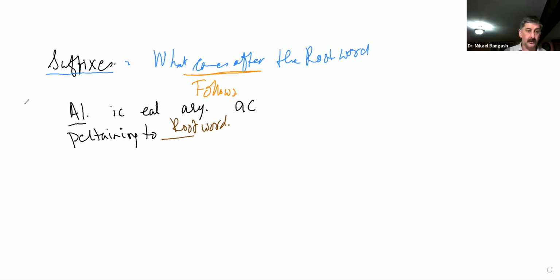So what all these suffixes here mean is going to be pertaining to the root word. Did you guys get that? Sorry, what was the fourth word? The fourth one after -eal. After -eal, what was that one? -ary. Okay. Thank you. No problem.